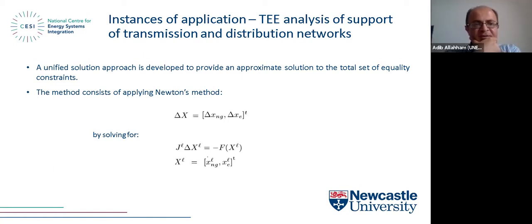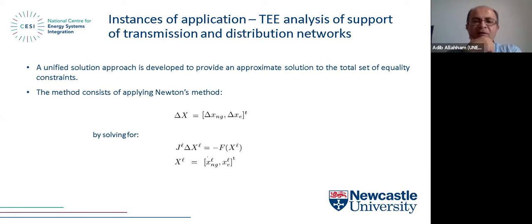Sure. As Hamid mentioned, at distribution level we solved the model of integrated gas and electricity networks soft linked. But at transmission level, in these papers that Hamid mentioned, we try to solve using these equality equations to calculate the gas and electricity flow using unified solutions.